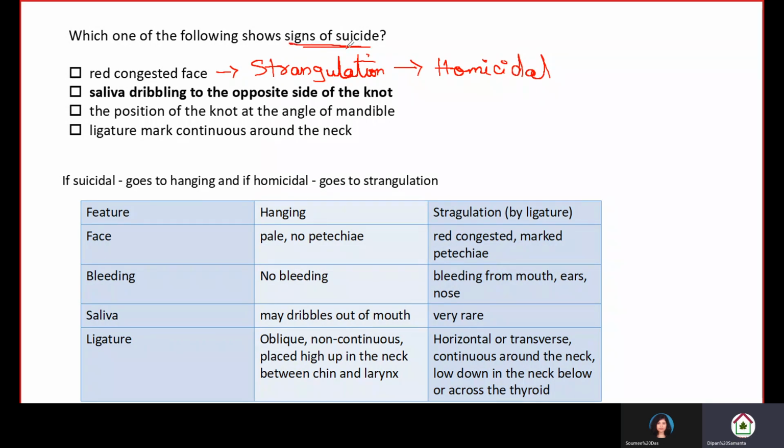If the knot is at the angle of the mandible, then also it is mostly observed in homicidal cases, not suicidal.